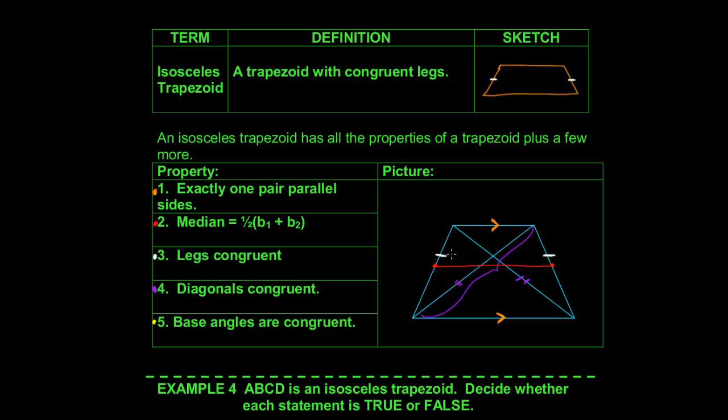So if this was our base 2, these angles on our base 2 would be congruent. As well as this is our base 1, these angles, our base 1 angles will be congruent with each other. So these two angles are congruent, and these two angles are congruent.